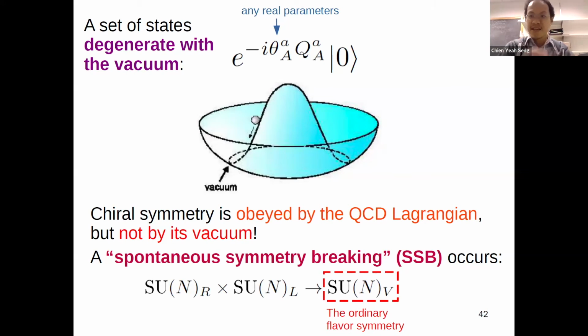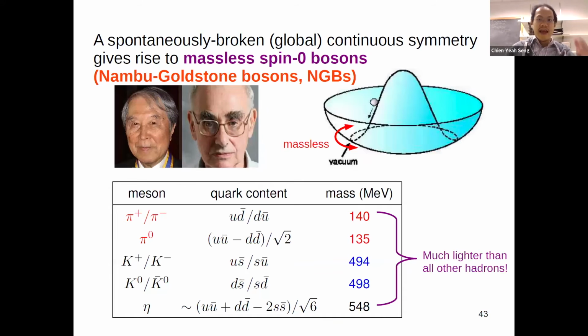Which means even if we assume all the quarks are massless, we only end up with the ordinary flavor symmetry, because the chiral symmetry SU(N)_R times SU(N)_L is spontaneously broken to a subgroup, which is just the ordinary flavor symmetry. And there's a well-known theorem that any spontaneously broken continuous symmetry will give rise to a spin zero massless boson known as the Nambu-Goldstone boson, and just now we have already mentioned that.